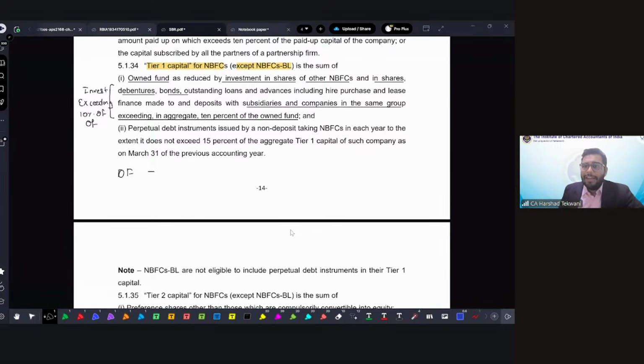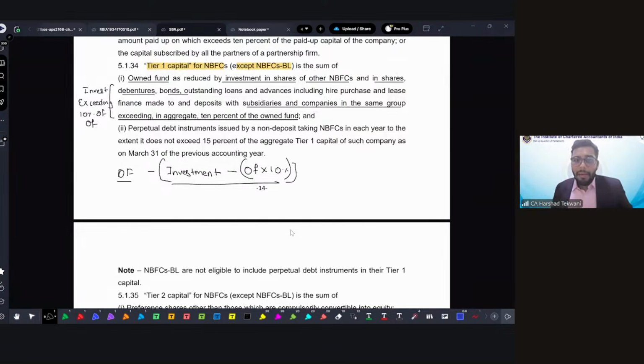So whatever investment we are talking about, investment minus own funds into 10%. That is the first thing we need to minus from the own funds.